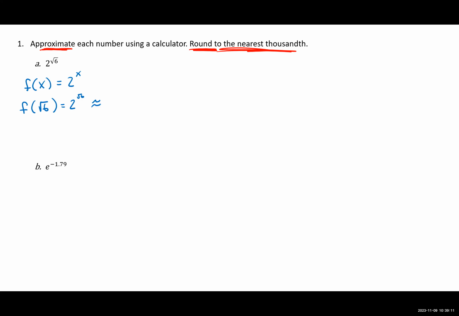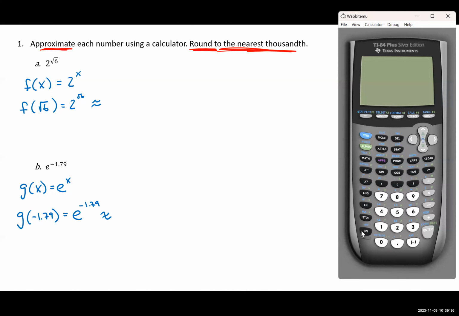We're going to have to round it. Second one, g of x is e to the x, and we want to evaluate g of negative 1.79. So that's going to be e to the negative 1.79. And it's going to be approximately equal to something. And again, we're going to get that from the calculator. So let me go ahead and pull up a calculator. It's the only way to do this.